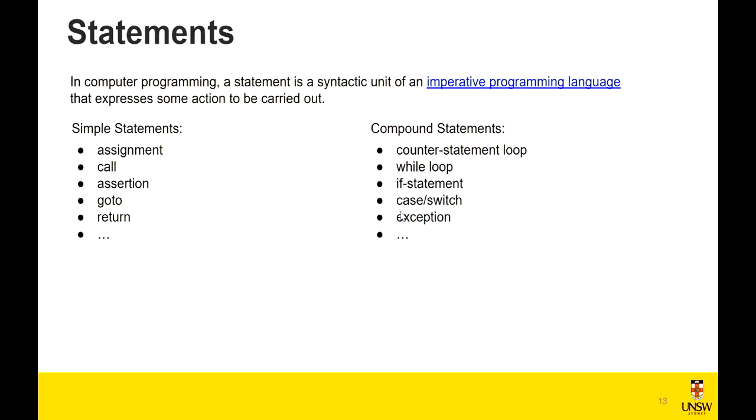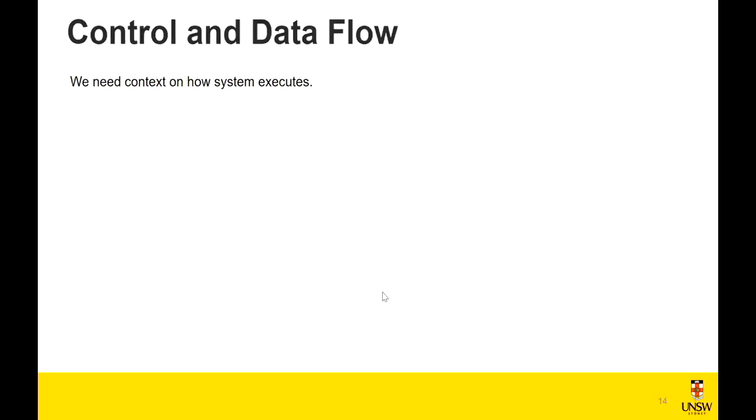And we could have while loops, we could have if statements, else, cases and switches. We could also have exceptions. So the statement is one of the basic building blocks for our modern programs. And we can use statements as one of the program structures here.